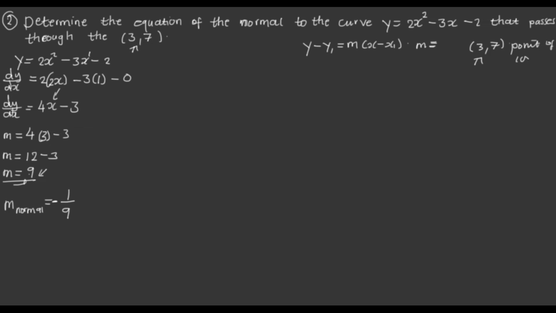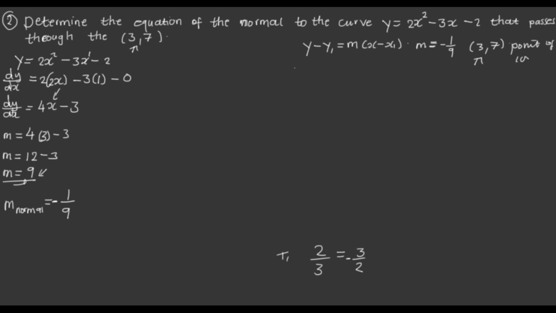If you have a fraction, you just interchange the numbers. Like if we have 2 over 3 as the gradient of the tangent and the curve, the gradient of the normal will be 3 over 2. Then you change the sign. So if the gradient of the tangent and the curve is positive, the gradient of the normal must be negative. Okay, so we have negative 1 over 9.